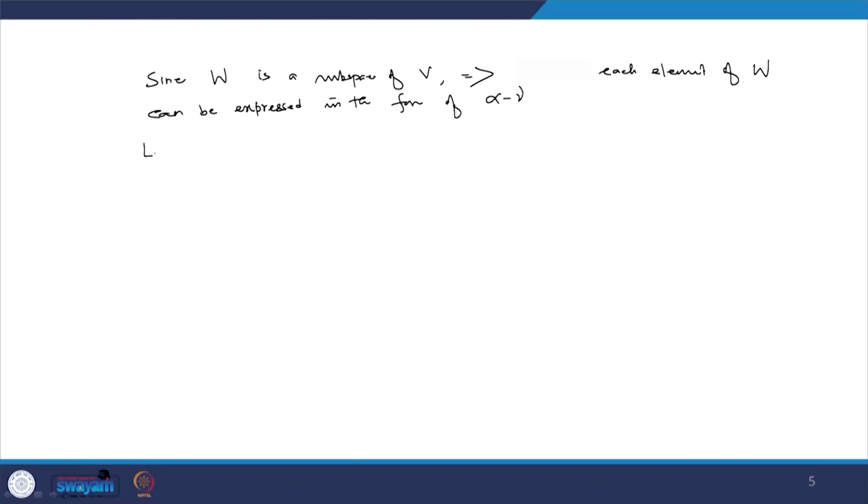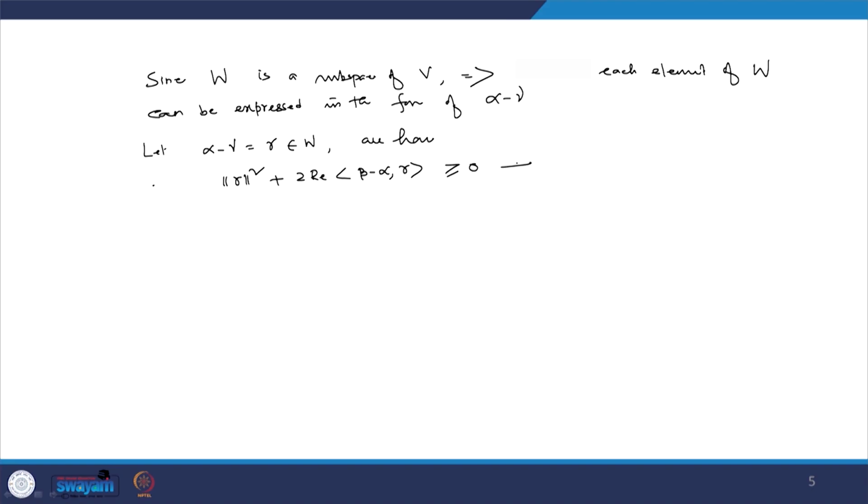So, let alpha minus gamma be represented by some vector r belonging to W. Our last result says that we have norm of r whole square plus 2 times the real component of inner product of beta minus alpha and r is greater than or equal to 0.